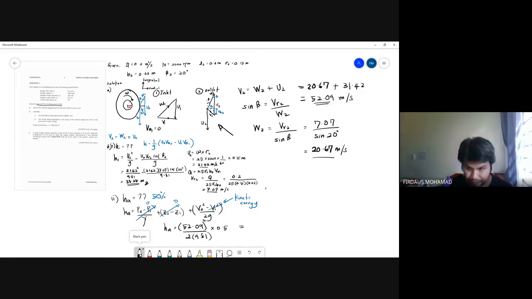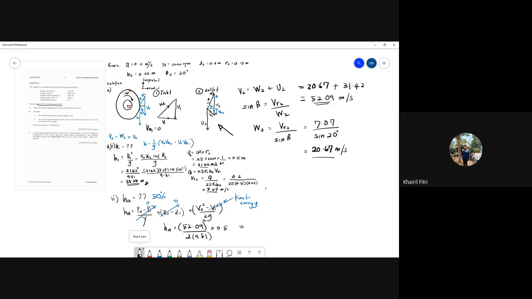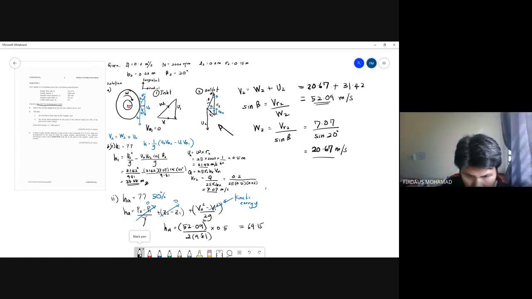Apa? 69.148. Sama je. 69.15. Mana? 69.15 meter.